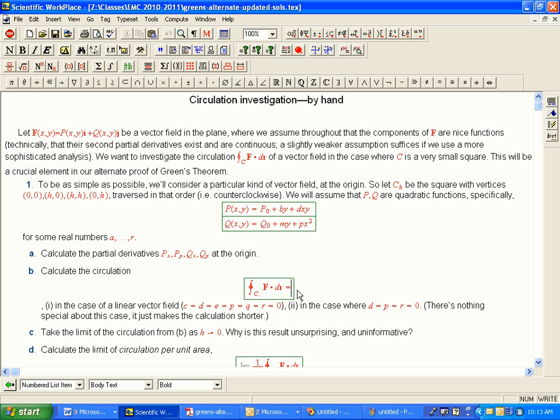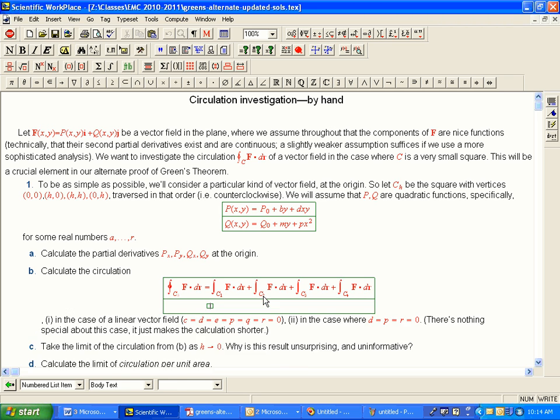So that's going to be an integral over C1 of F dot dr, plus, and the only difference is it's going to be C2, and C3 and C4. All those straight lines. And straight lines are easy to parameterize, and here they're particularly nice because they're in the coordinate directions.